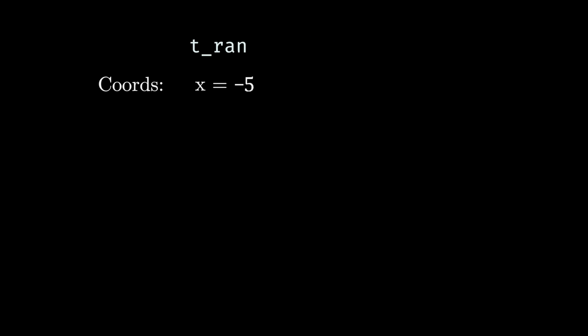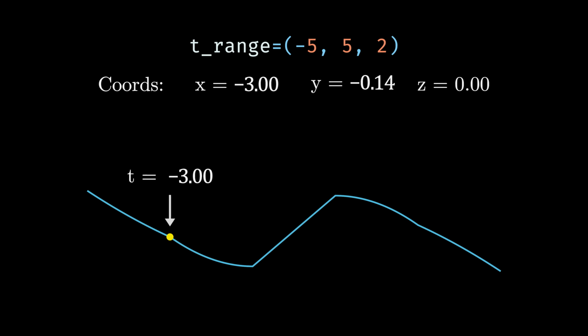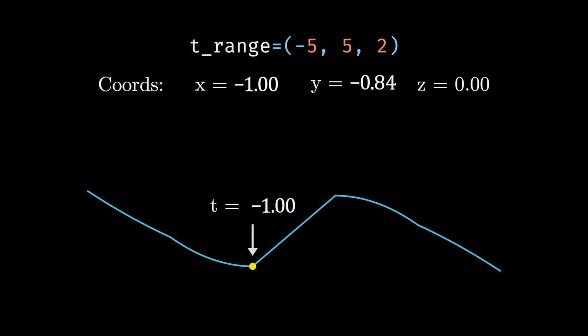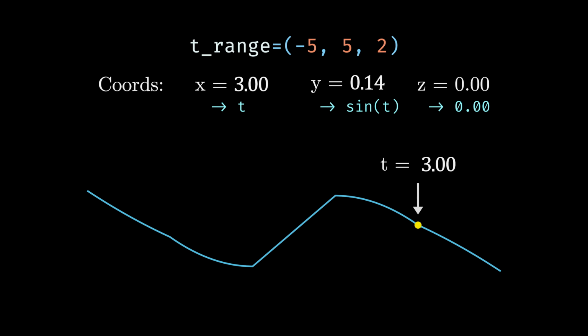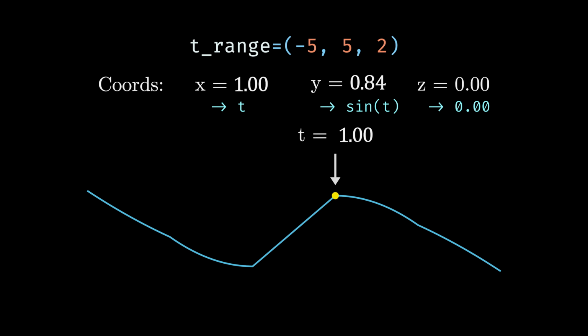Assume that the range is from -5 to 5, with a step size of 2 units. This means that t increments by 2 units at a time. The function that we defined in the creation of sine_curve returns an array of 3 elements, x, y, and z, at each value that t takes while going from -5 to +5, which means at t equals -5, x is also -5, and y takes the value of sin t, which is 0.96.